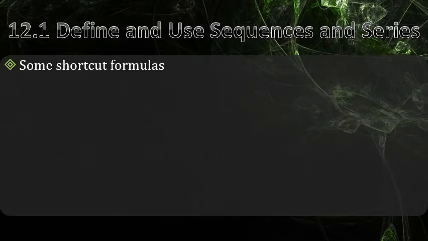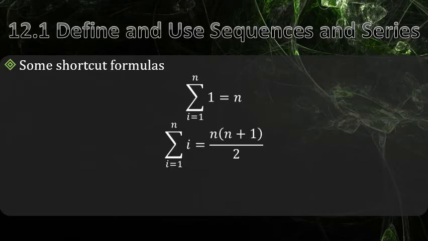Some shortcut formulas for finding sums. If I'm adding together ones, it's just n, because it would be 1 plus 1 plus 1 plus 1 plus 1, n times, so I have 1 times n. If I just add i, so that'd be 1 plus 2 plus 3 plus 4 plus 5 plus 6. So let's write it out.